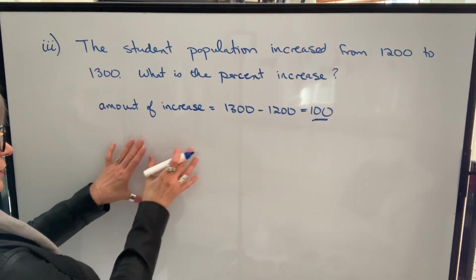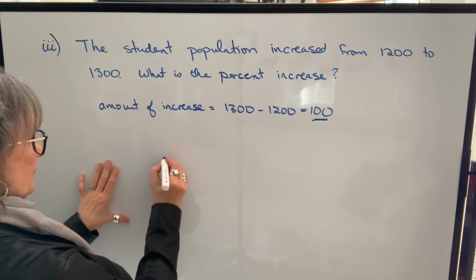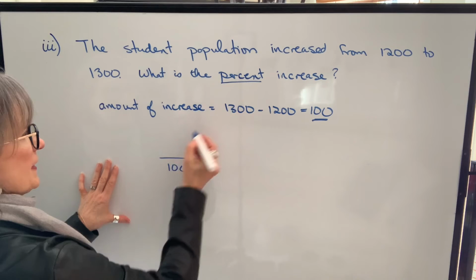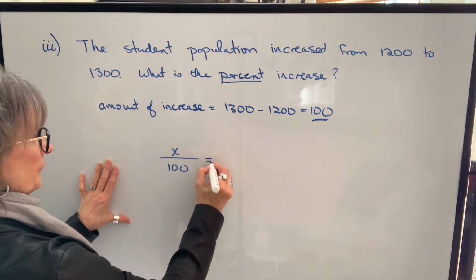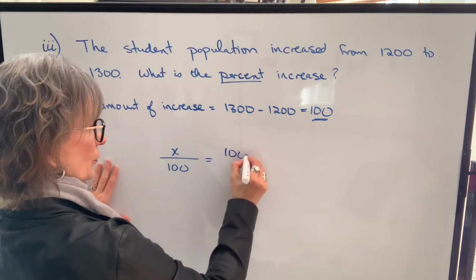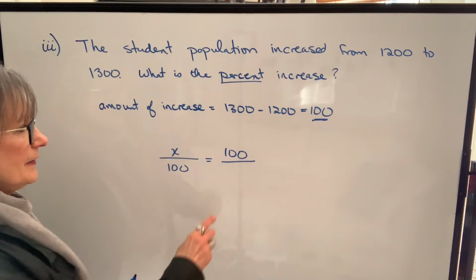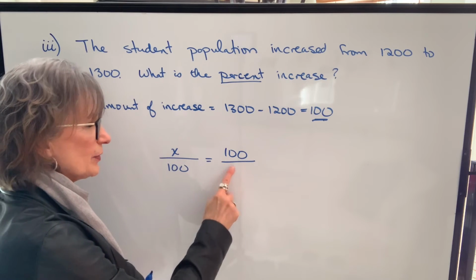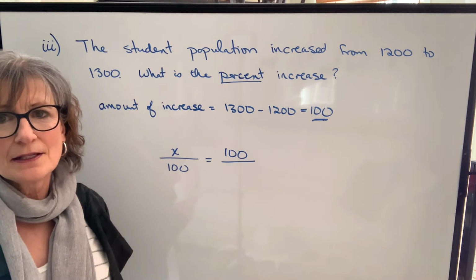Now remember, when you're setting up your percent questions, you put percent over 100. We're trying to find percent, so that will be our unknown. This is the amount of increase, so the amount goes in the numerator. The other issue I see students having is not knowing what number to put in the denominator for their base.